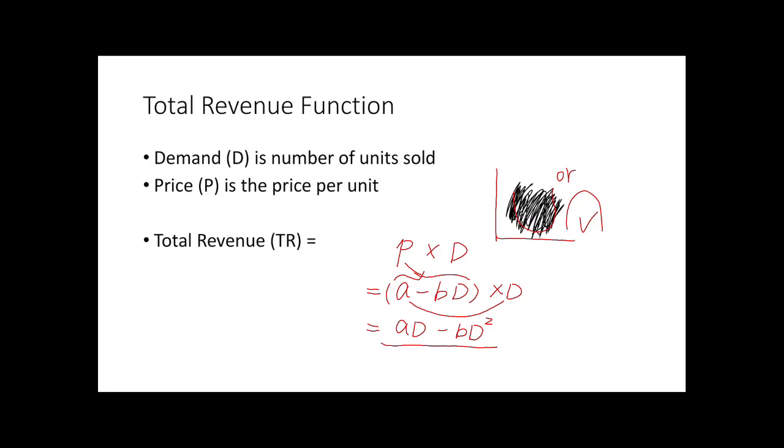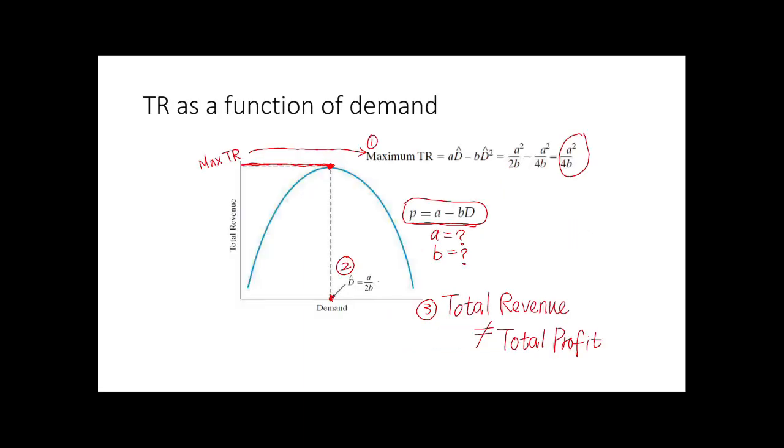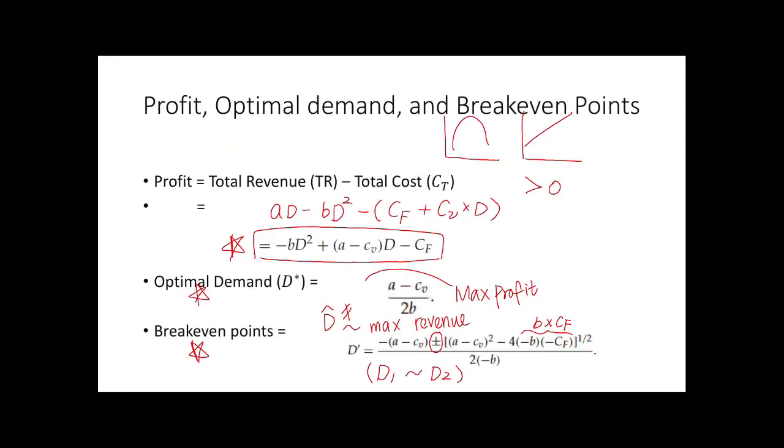And also you want to know how you calculate the revenue, which is P times D, and what is the D hat. The D hat is associated with maximum revenue, and of course what we are chasing for is the profit. So you also want to know how you calculate a profit given some demand and some costs.